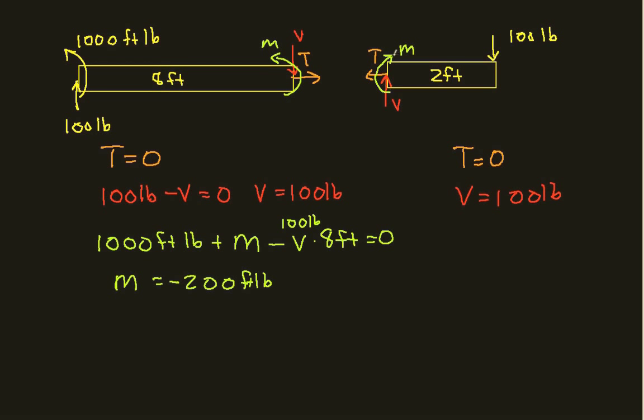Here I've got a moment that's inducing clockwise rotation, so this will be a minus M. I then have the moment about this point that the 100-pound force is generating through a 2-foot moment arm, and that's counterclockwise, so I have 100 pounds times 2 feet, and this is equal to 0, which says that M is equal to minus 200 foot-pounds.